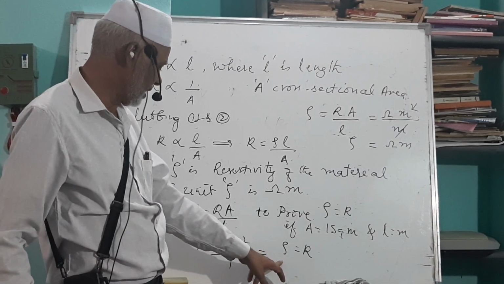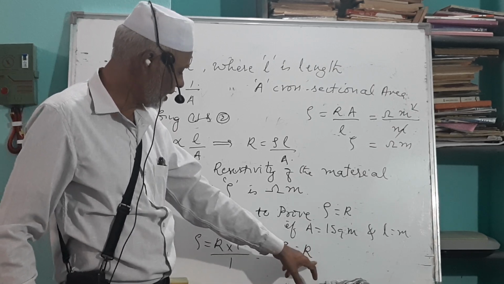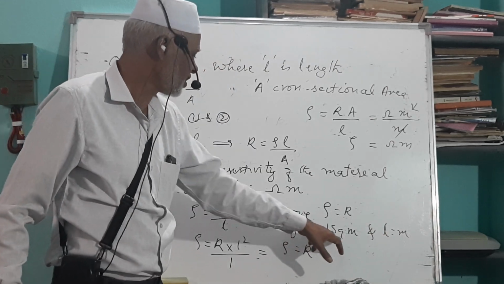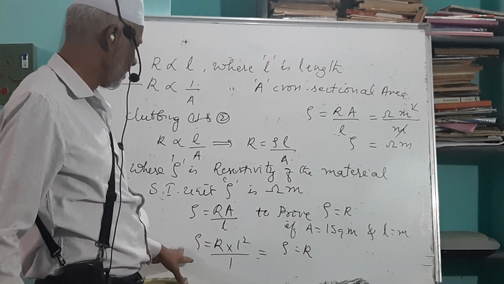Resistivity of a material is equal to the resistance of that material having unit length and unit cross-sectional area. This is the precise definition of resistivity.